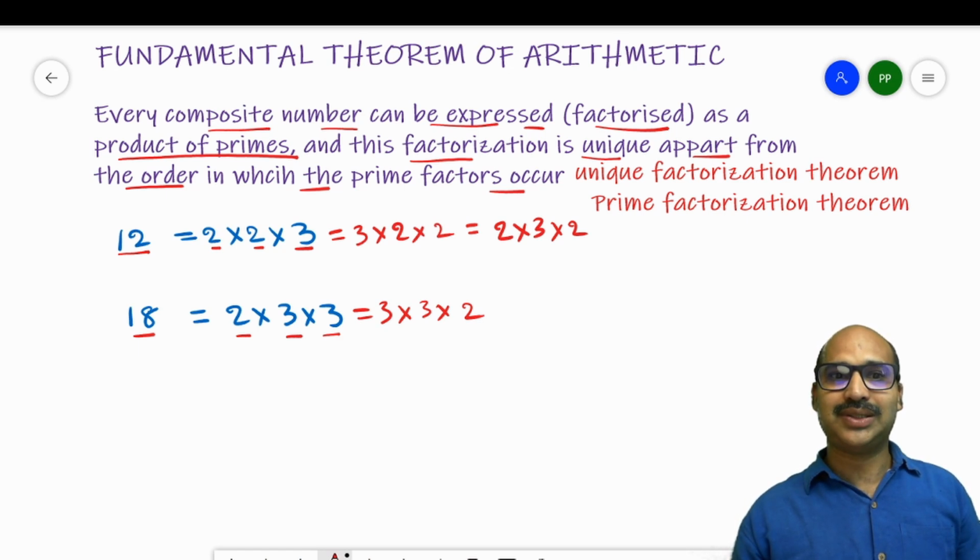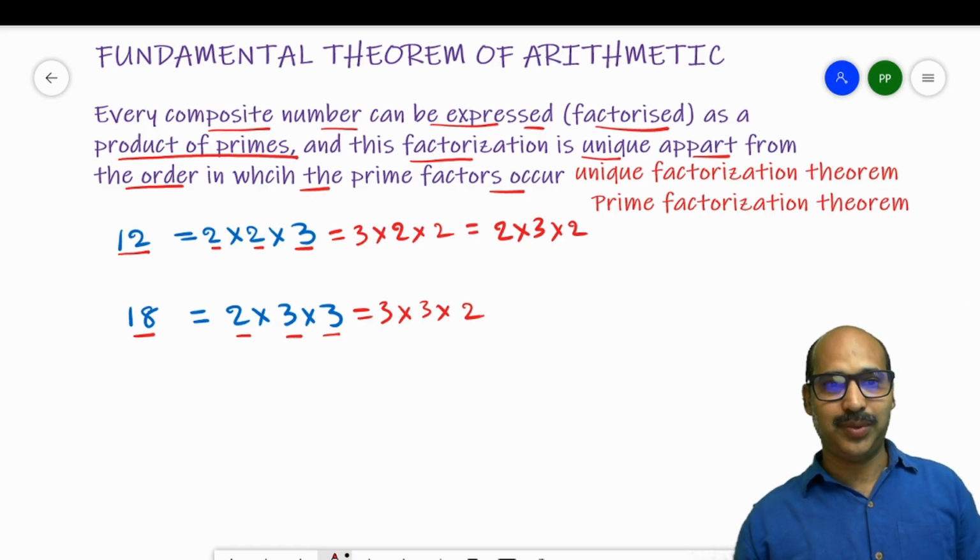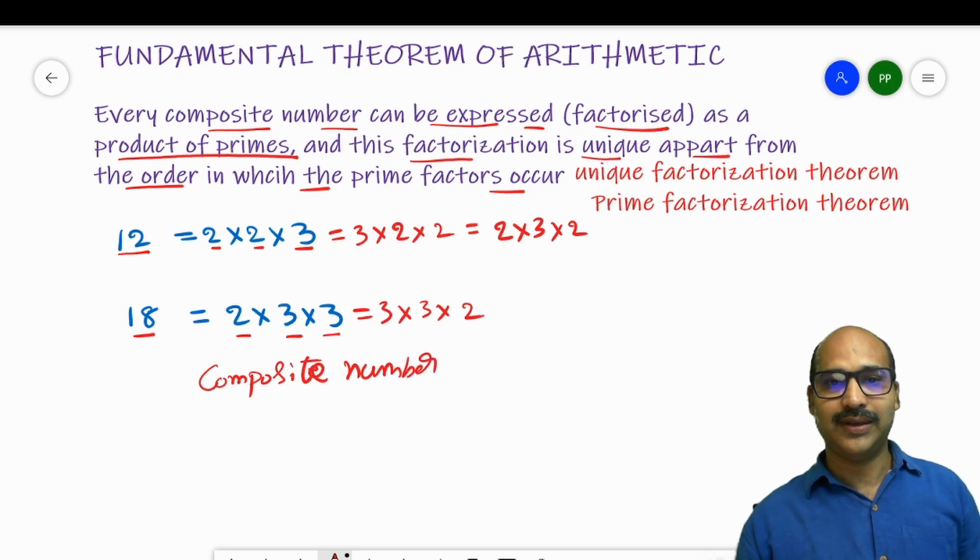So in words, we can say: composite number is equal to product of primes.